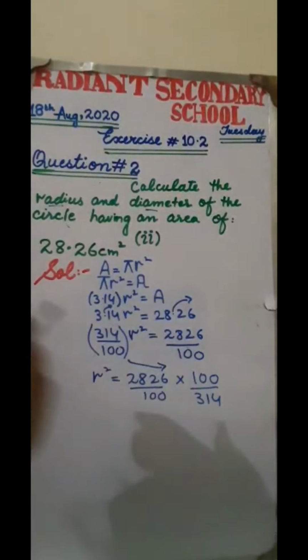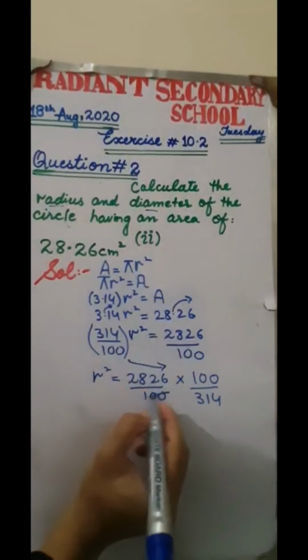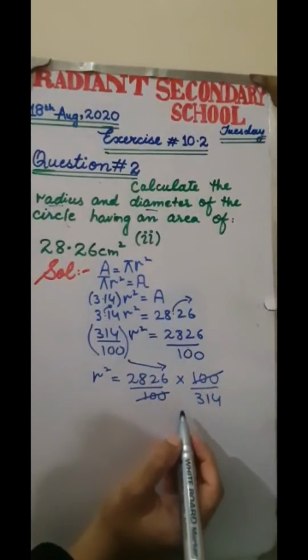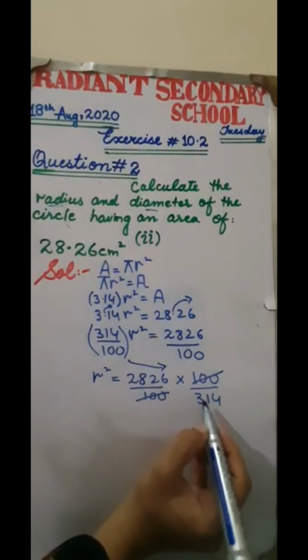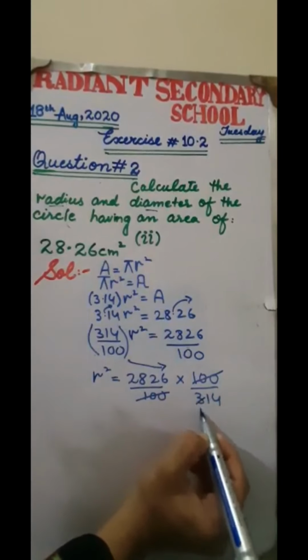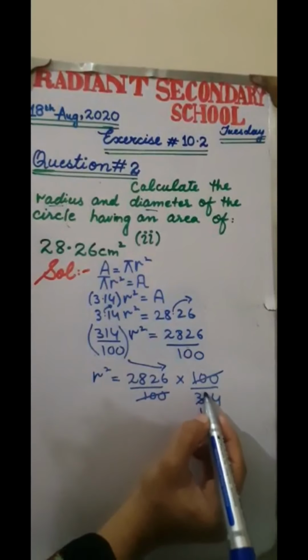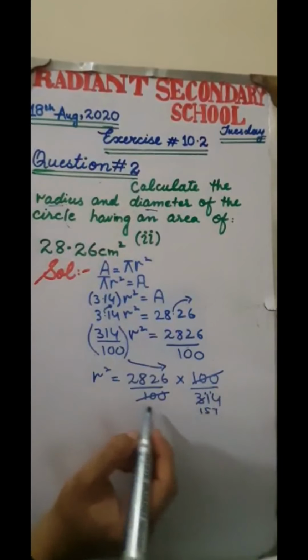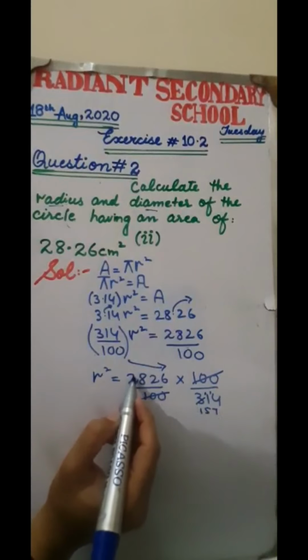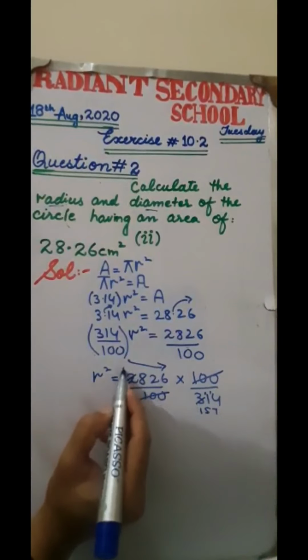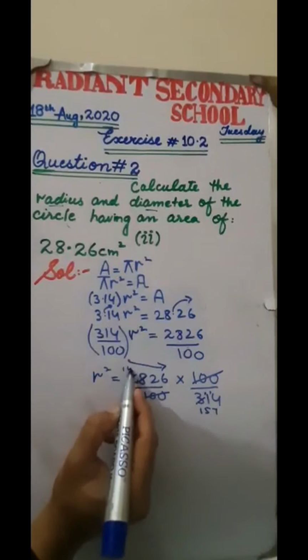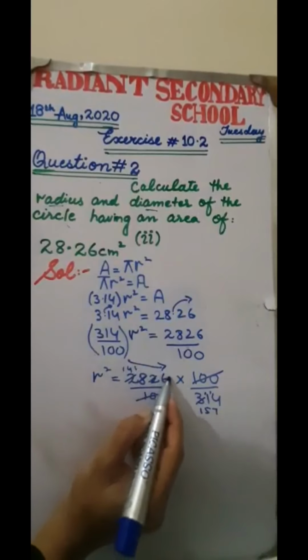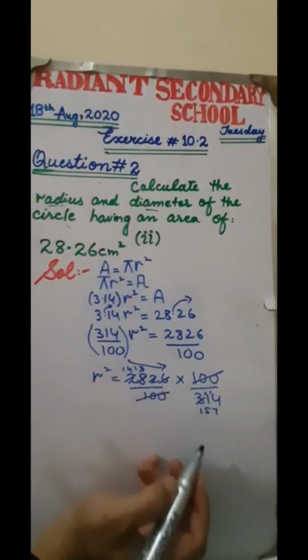Okay, now this 100 can be cut with this one, and with the table of 2 we will cut this one. 2 ones are 2, it becomes 11. 2 5s are 10, it becomes 14. Now 2 7s are 14. Come to this one. With the table of 2 we have to cut. 2 1s are 2, 2 4s are 8, 2 1s are 2, 2 3s are 6.